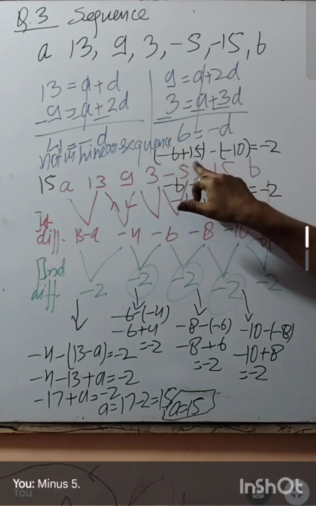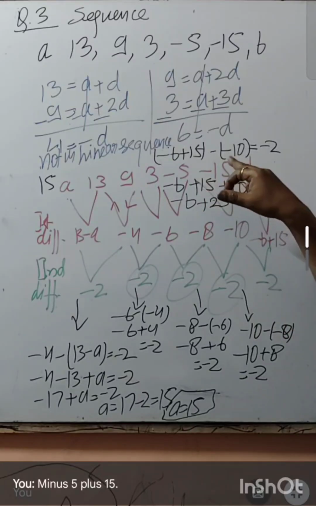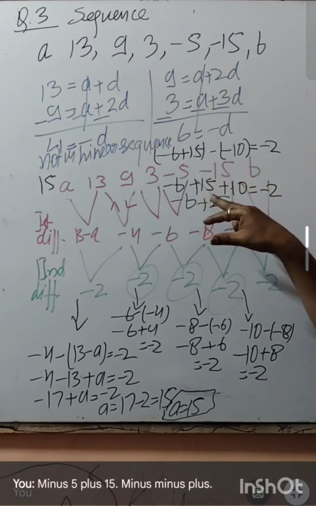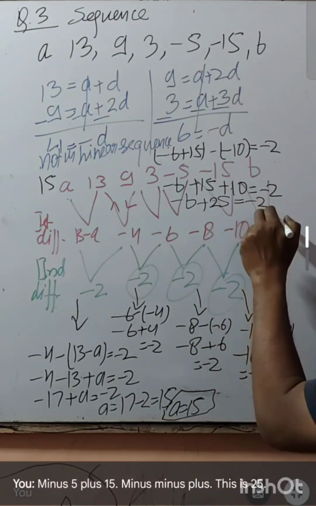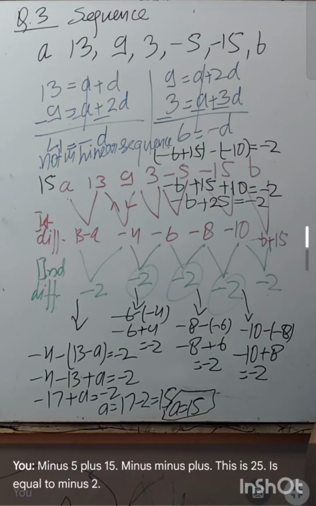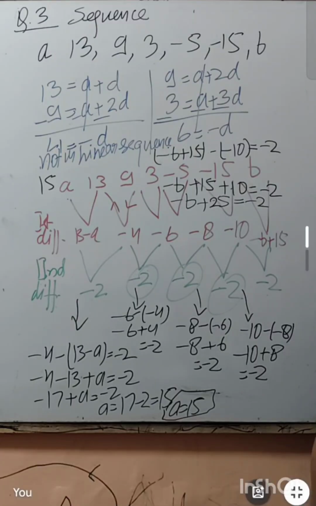Minus 5 plus 15, minus plus, this is 25, is equal to minus 2. 27 is correct.